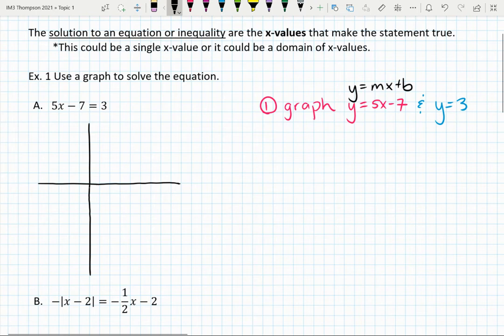Okay, so when I start off, y equals 5x minus 7. B is the y-intercept, so I have a negative 7 y-intercept. So on my graph, make sure that you can go down at least 7 on the y-axis.